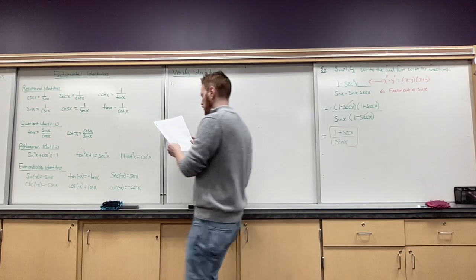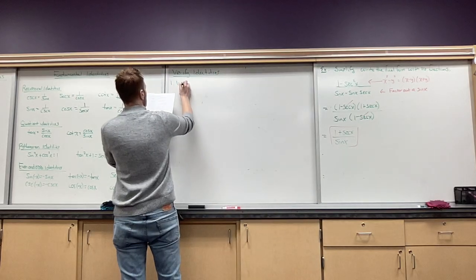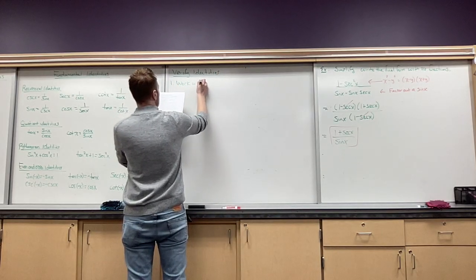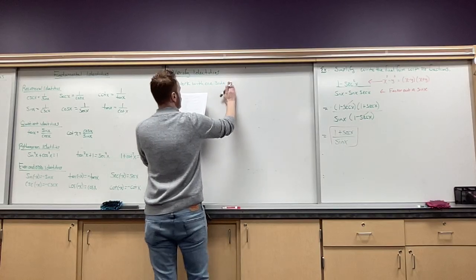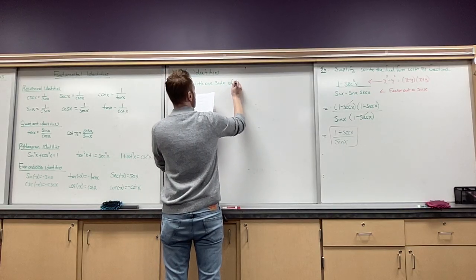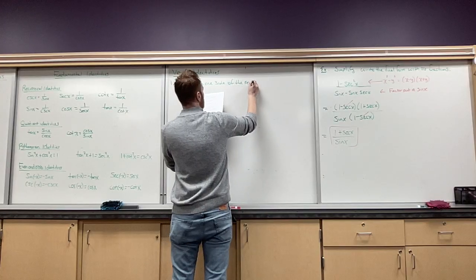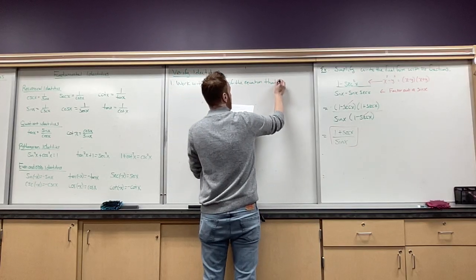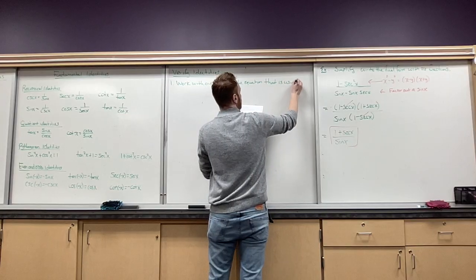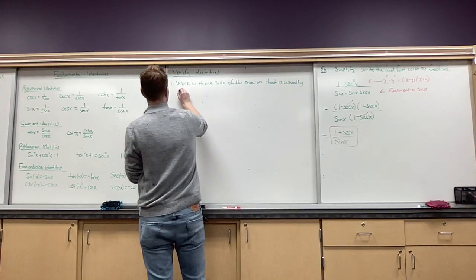Okay. I'm going to give you a couple guidelines to work with it, and then we'll jump into examples. So the first thing is, you want to work with one side of the equation. This is going to sound weird. That is usually more complicated.